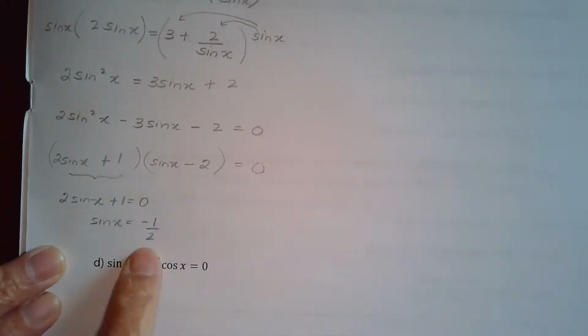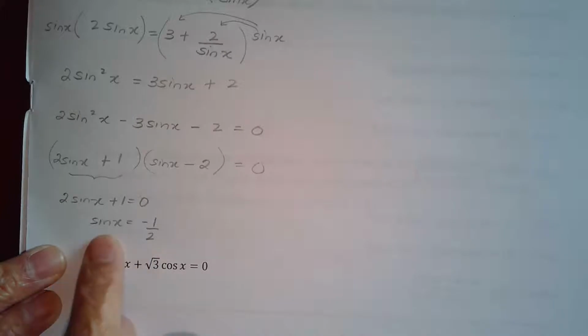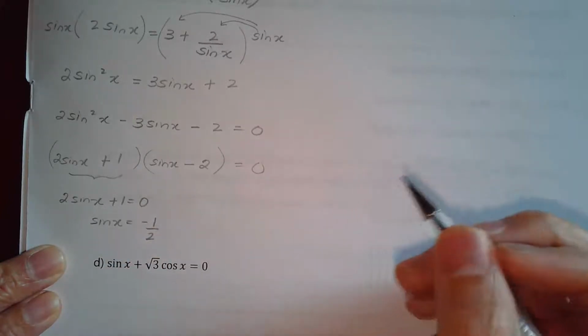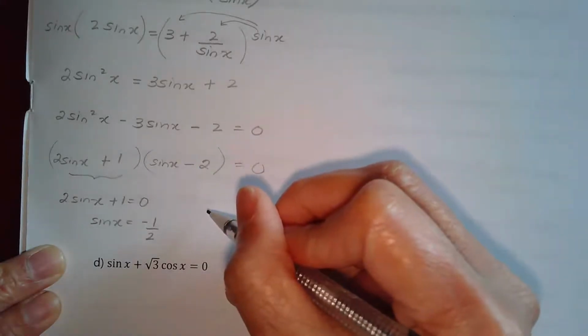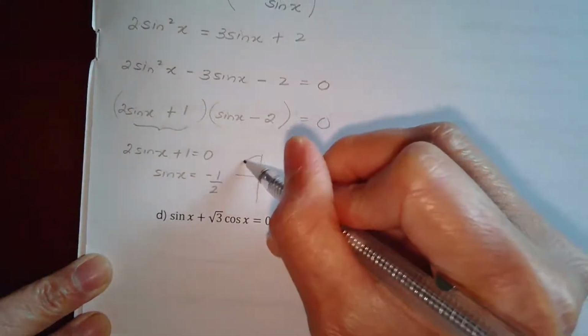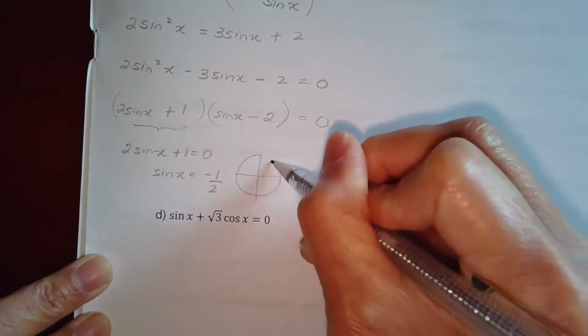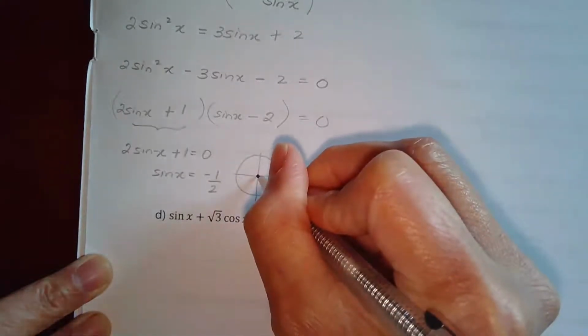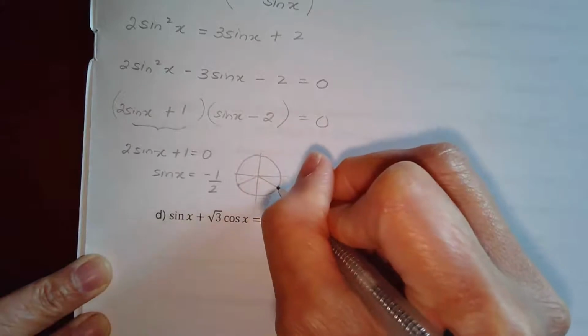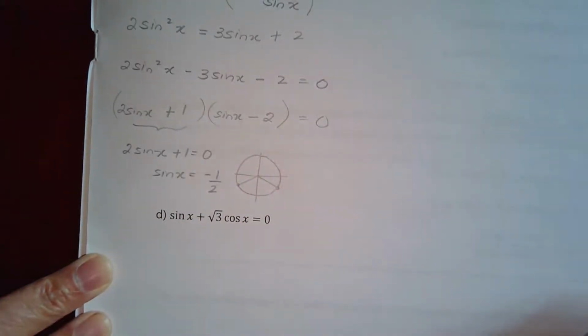And then we have to ask ourselves, where is sine of x negative 1/2? If we have a unit circle, negative 1/2 is going to be right here in quadrant 3 and quadrant 4.